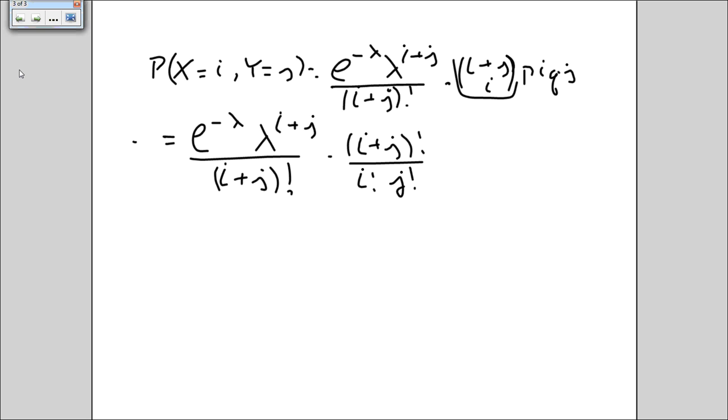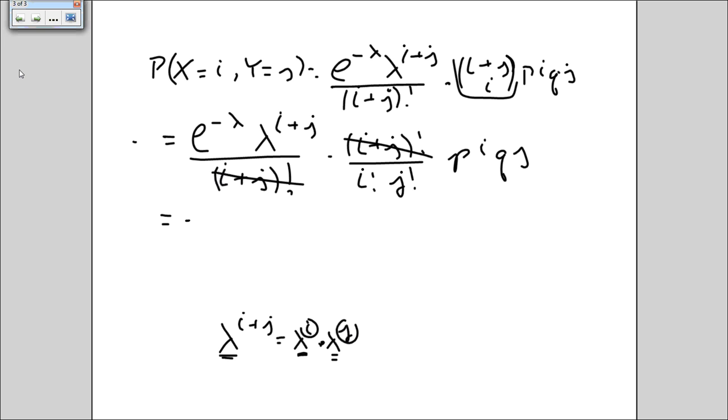I plus J, if you take away I, you just have J, times P to the I, Q to the J. So we have e to the negative lambda.